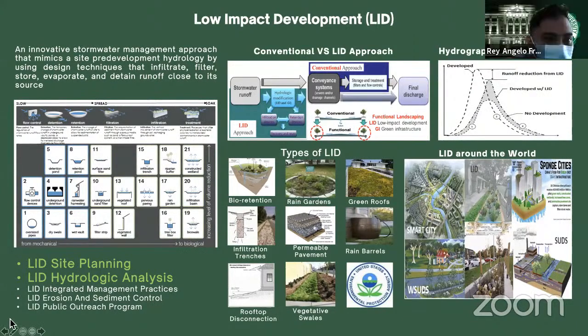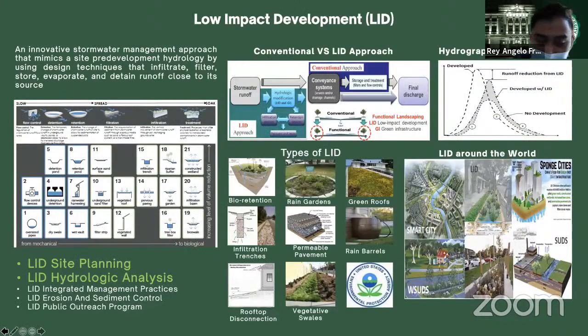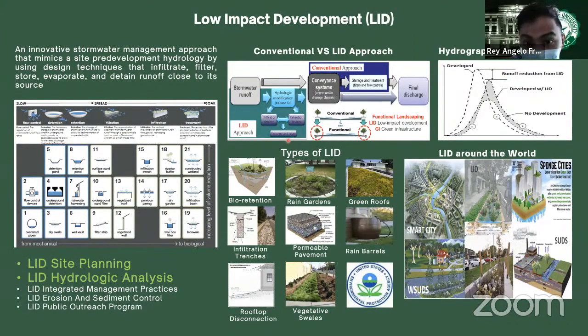Okay. So we are introducing now the low impact development. It's an innovative water approach. The main difference between the conventional and LID approach is that the conventional approach just conveys and discharges the water, while LID captures the water at its source, and from the figure on the right side, you can see that it reduces the runoff of an area.